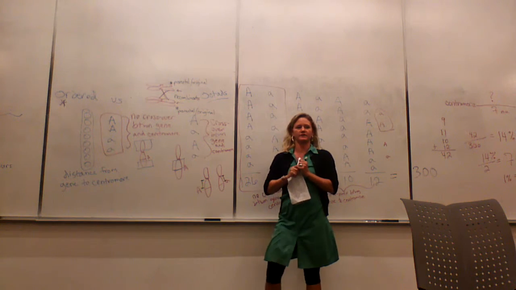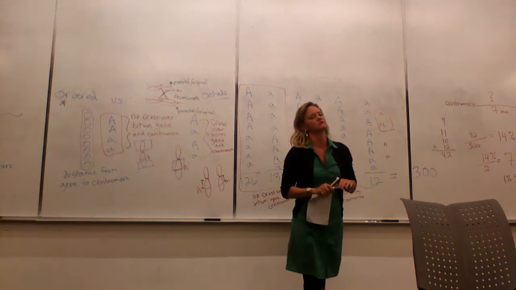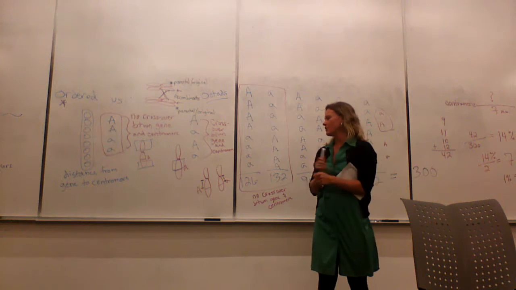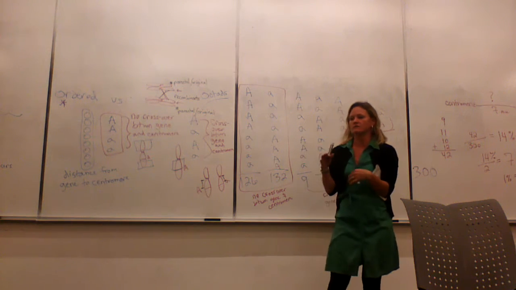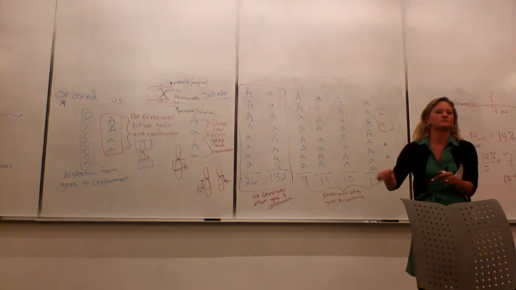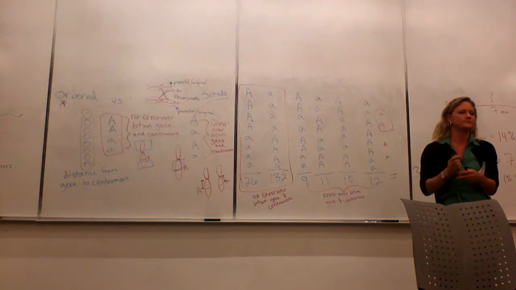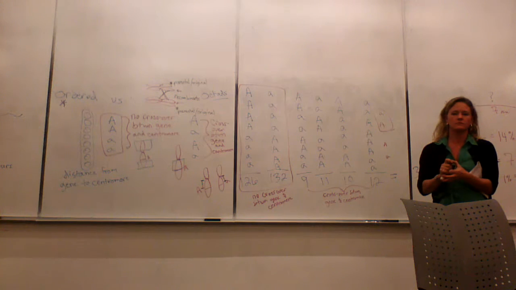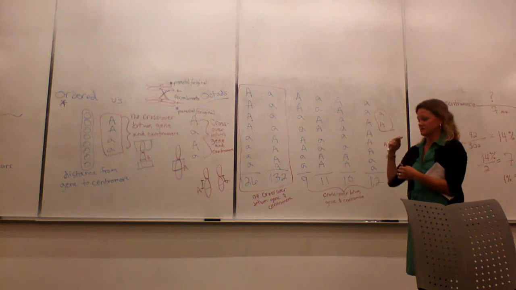Unless some freakish insertion occurs, which does happen. But we assume the distance from either allele, that gene location, to the centromere is the same, and we only have to calculate for one gene. This is just gene to centromere.